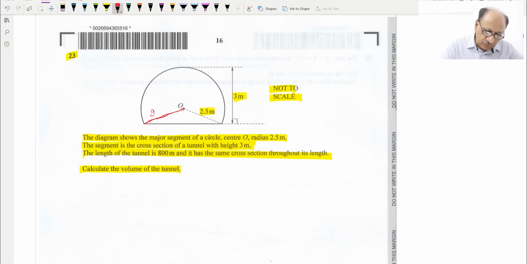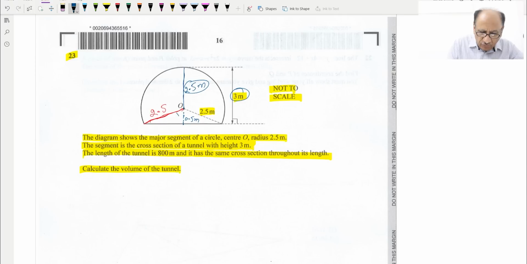So the remaining section will be 3 minus 2.5, which is 0.5 meters.